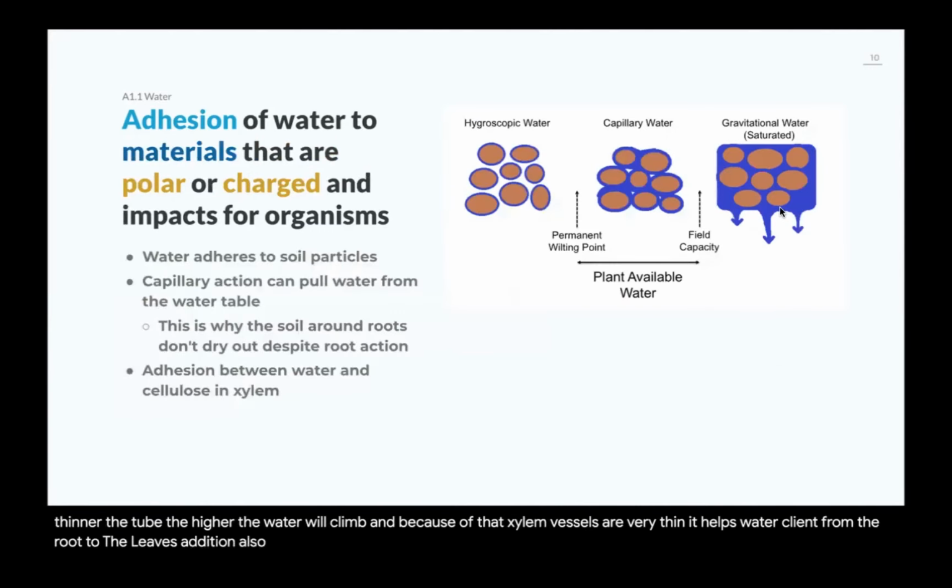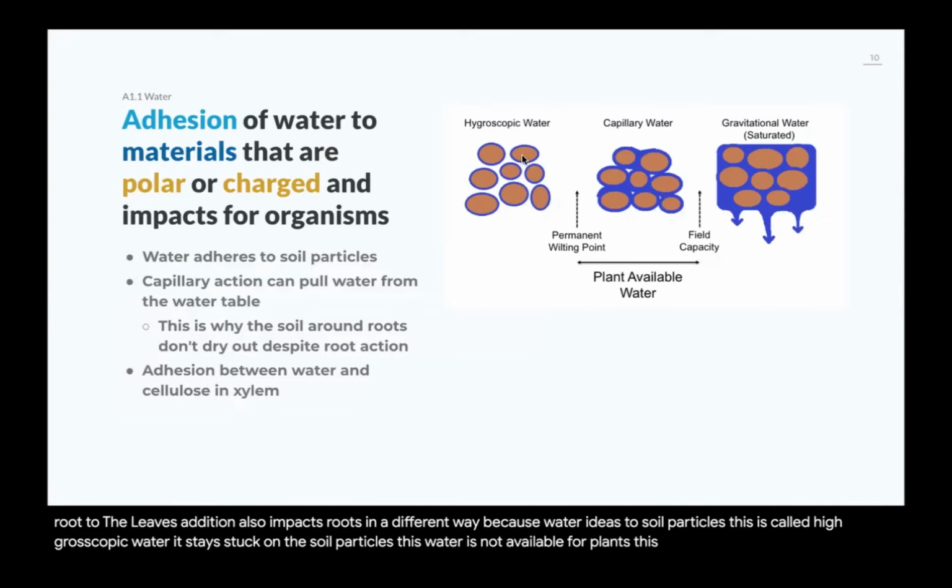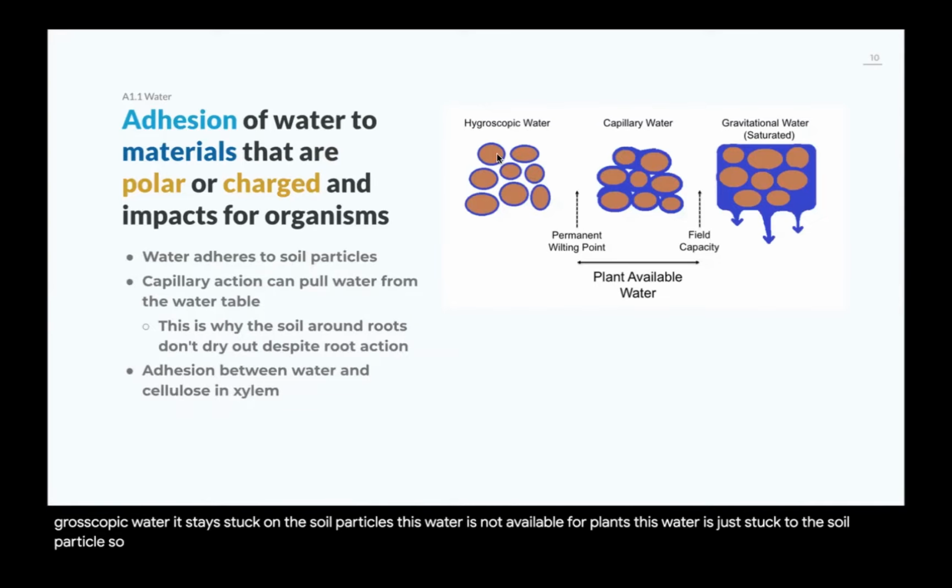Adhesion also impacts roots in a different way because water adheres to soil particles. This is called hygroscopic water. It stays stuck on the soil particles. This water is not available for plants. So if the soil only has this much water, the plant cannot absorb it, right?